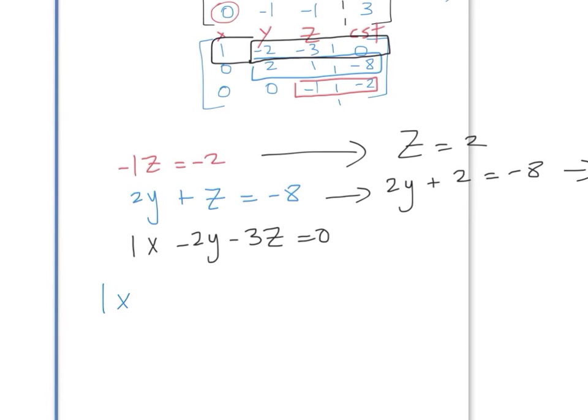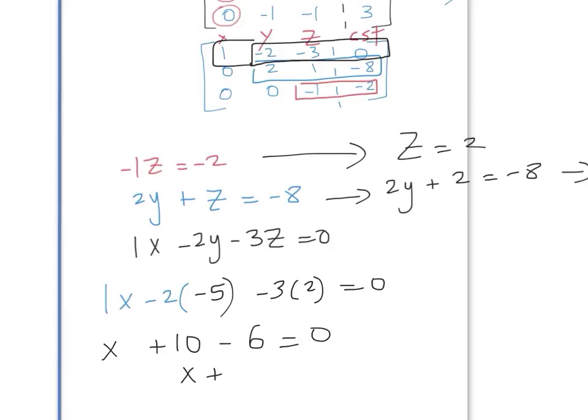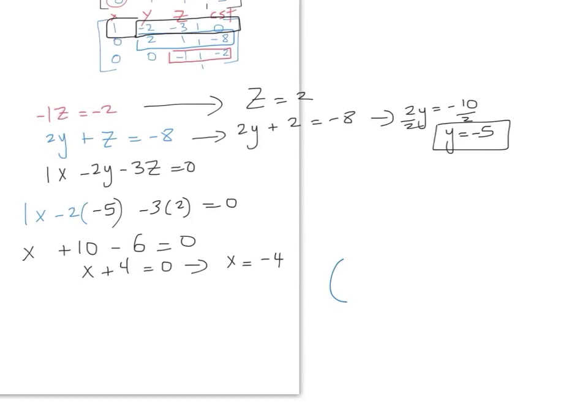So 1x minus 2, I got y to be negative 5, minus 3 times 2. So x plus 10 minus 6 is equal to 0. X plus 4 equals 0, so x is equal to negative 4. So my final answer is going to be negative 4, negative 5, and 2.